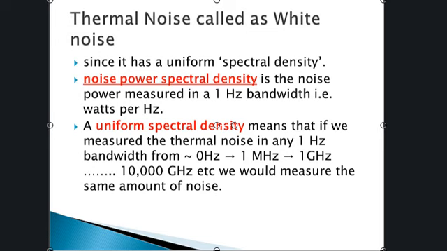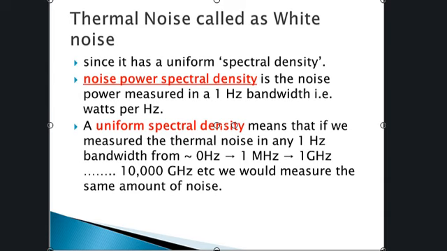That is watts per Hertz. It is always 1 Hertz bandwidth, even if the frequency varies from 0 Hertz to tens of gigahertz or 10,000s of gigahertz. But we always measure in the bandwidth of 1 Hertz, and if the amount of noise comes out to be the same, we term it as uniform spectral density.